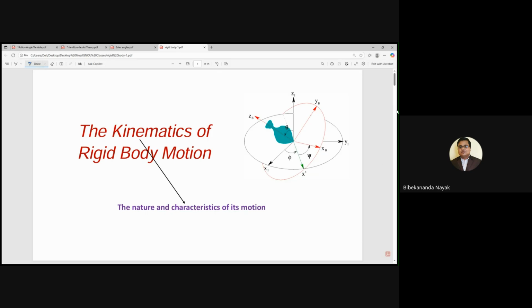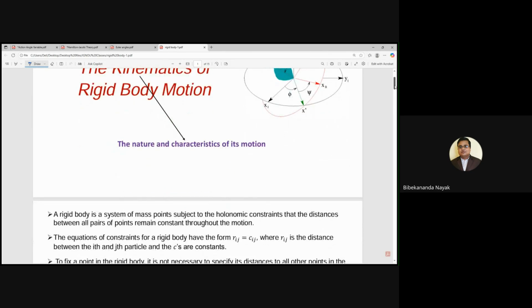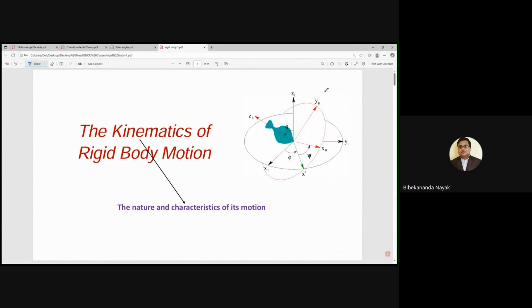So rigid body means the distance between any two points is fixed.